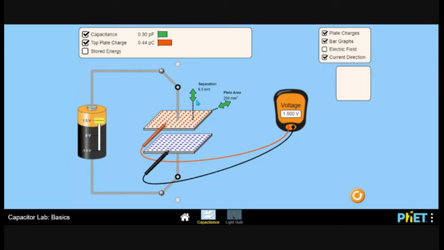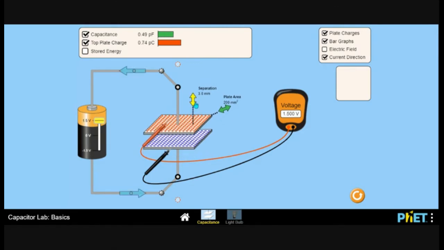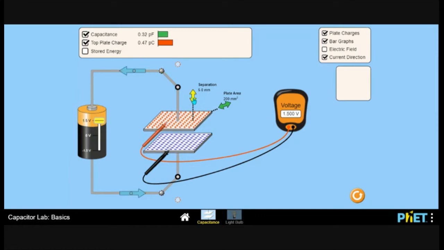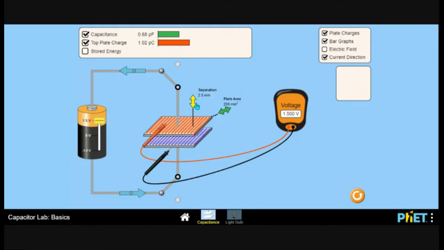Now, what would happen if we decrease the separation or the distance between the two plates? From 6 millimeters, we decrease it by a factor of 2.